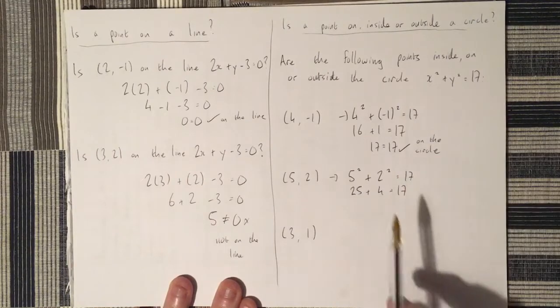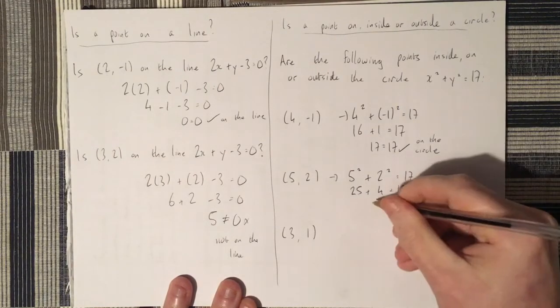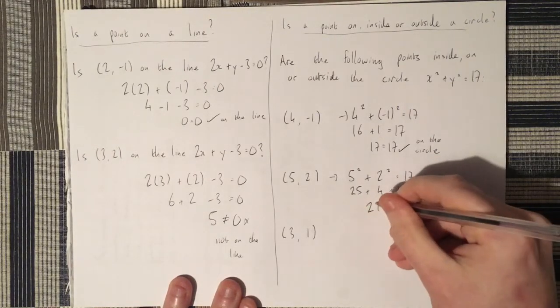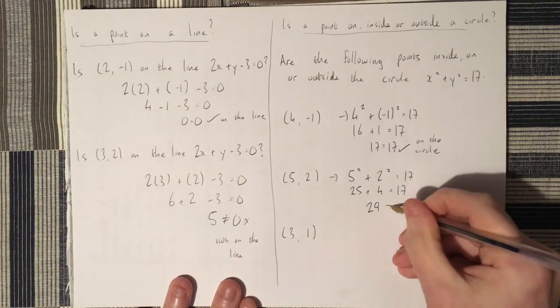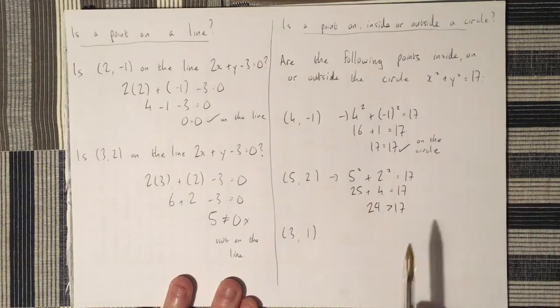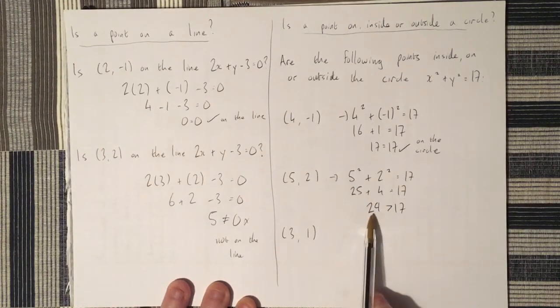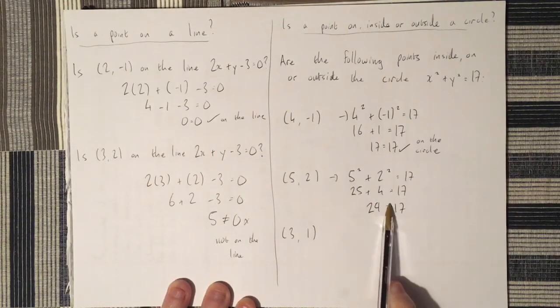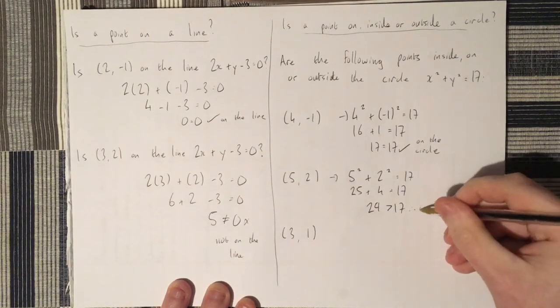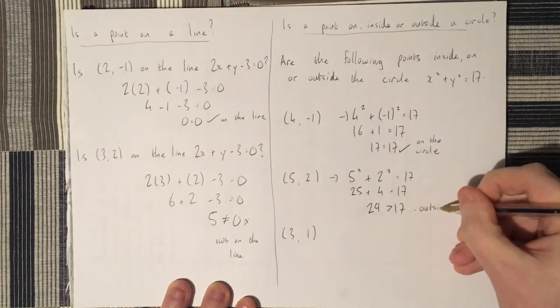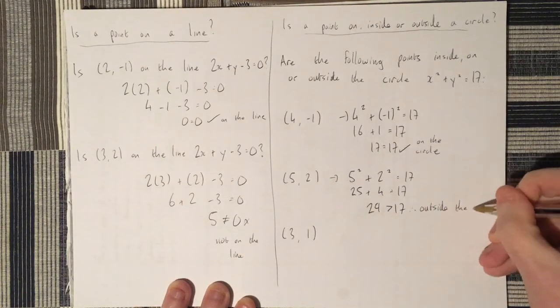Is that equal to 17? 25 plus 4 is 29. 29 is not equal to 17, it's bigger than it. Okay, when I sub the points in, I get 29. 29 is greater than the 17 over the other side. That means you are outside the circle.